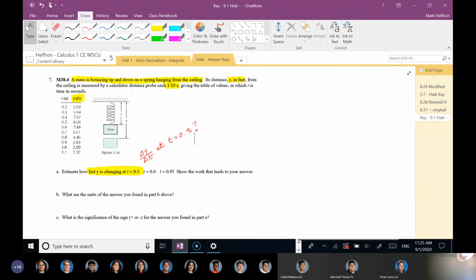Jacob, what do you think? Or Gavin? I haven't heard from you guys yet today. How could we use that table to estimate the derivative y prime, or the IROC of y at t equals 0.3?